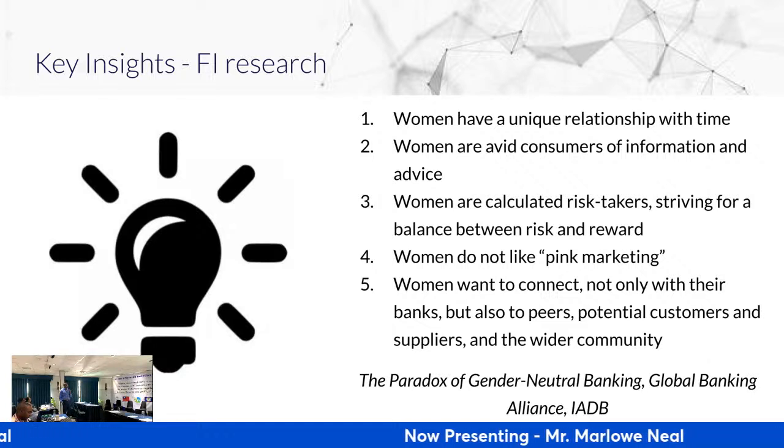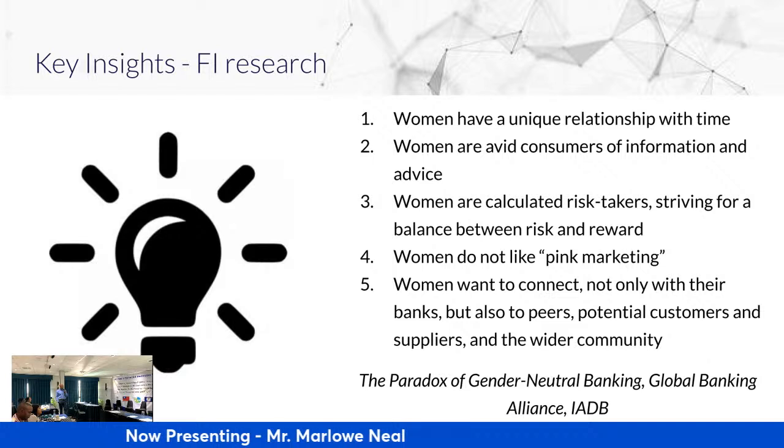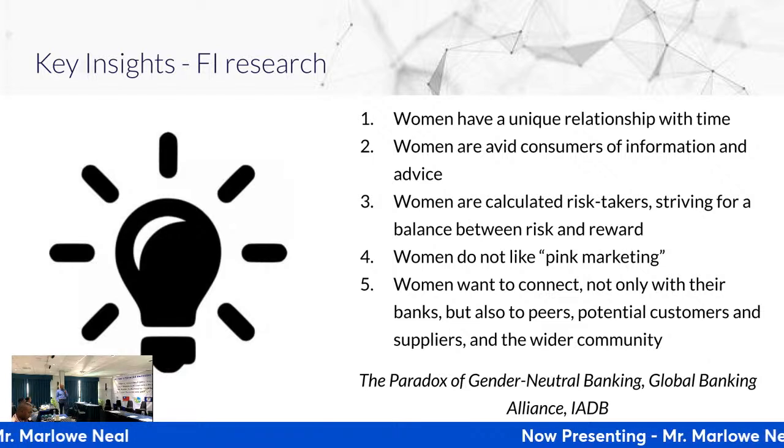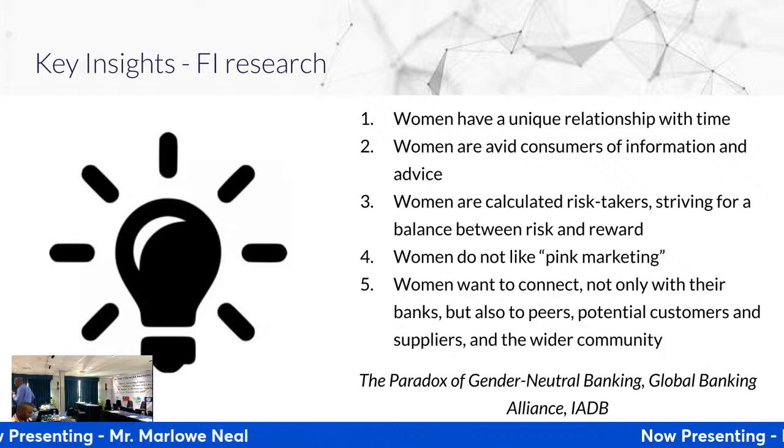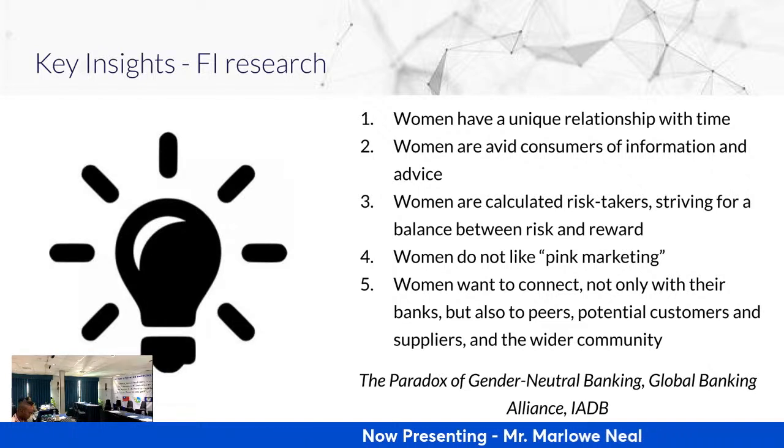Women want to connect, and this is where the relationships come in, not only with their banks, but also to peers, potential customers, and suppliers, and the wider community. And I gave you the example yesterday of, in my case, for example, when I need something done in the house, there's a number of individuals that I would call from time to time when time permits. For my wife, it's much different.